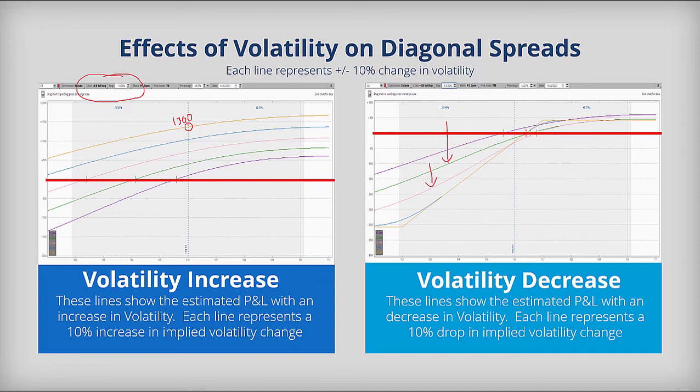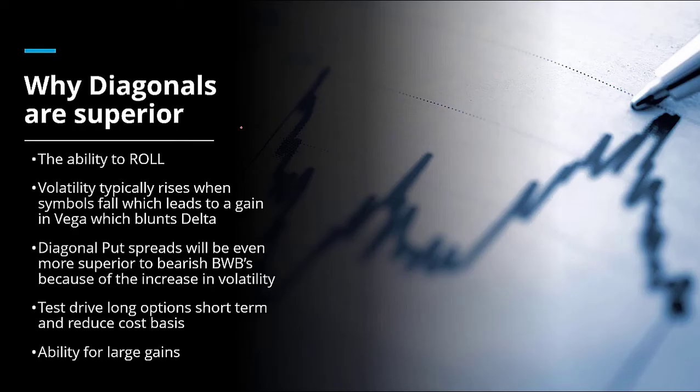So if you take a look at this, you say to yourself, okay, the trades are fairly similar. The difference is how they react to volatility. The question is, okay, which one is going to be better? Now, I told you I love the ability to roll, but let me bring up one other thing that is kind of superior in the diagonals.